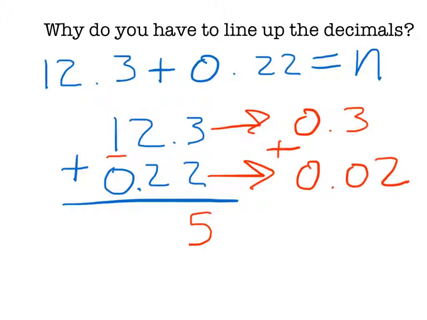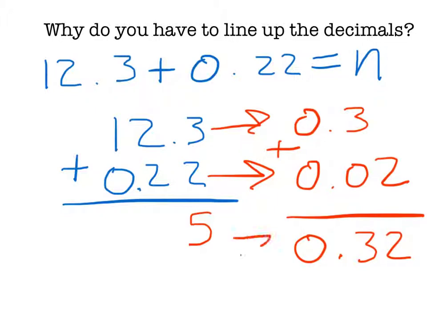So if I were to add these, what I really should get is 0.32. So that is not equal to 5. So I can't line the problem up the way you used to line up whole number problems. I've got to make sure that my decimal points are lined up.